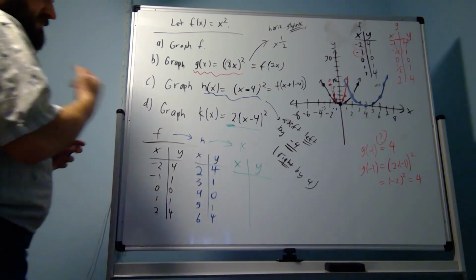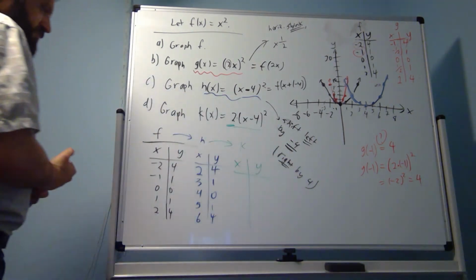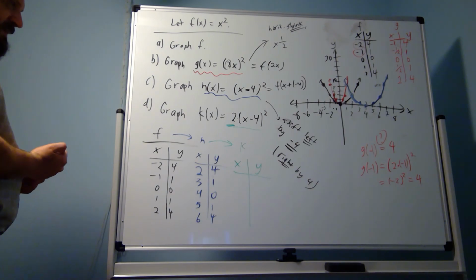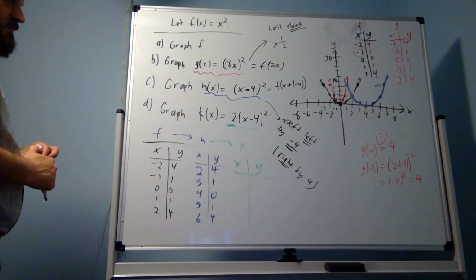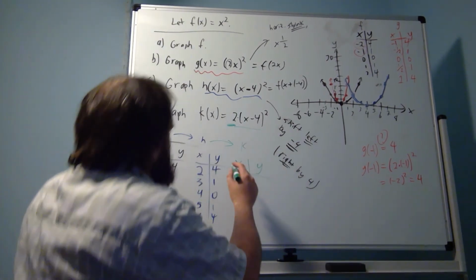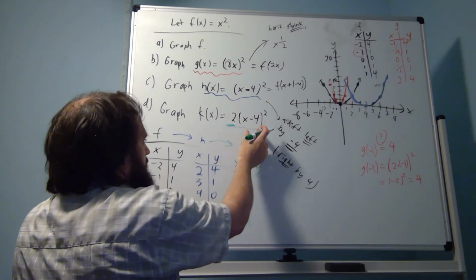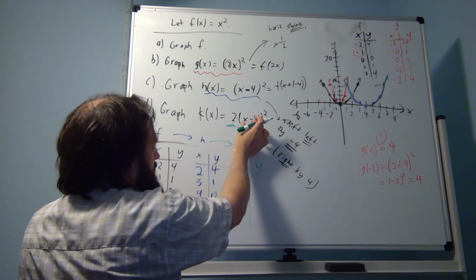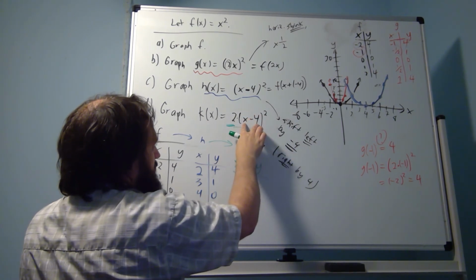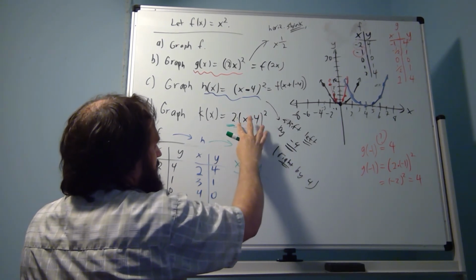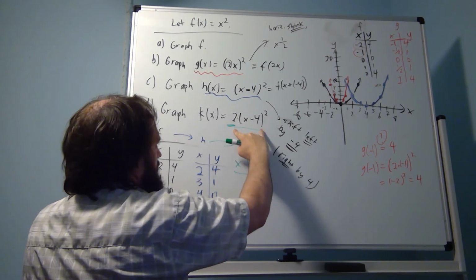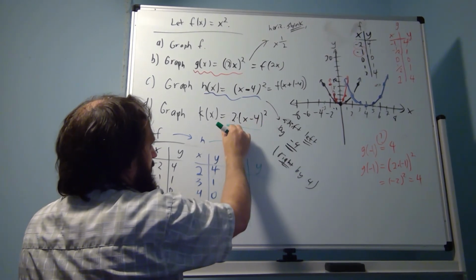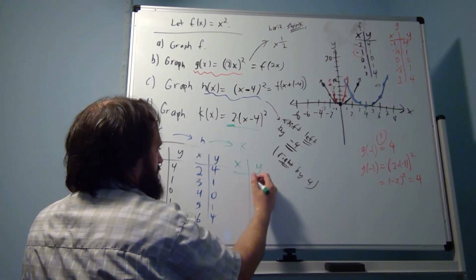So what happens is you do an X transformation and then you do one of the Y transformations. This is a Y transformation because it's outside of the function. On the inside you start with X's, you transform the X's, you apply the function, and then after you apply the function, there's something on the outside, which means you've got y's and you're changing the y's.